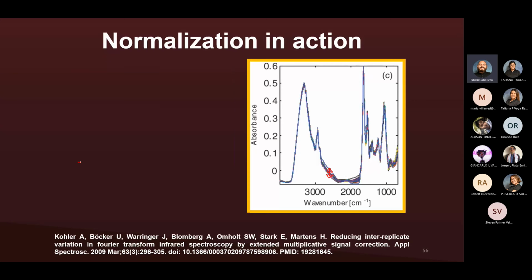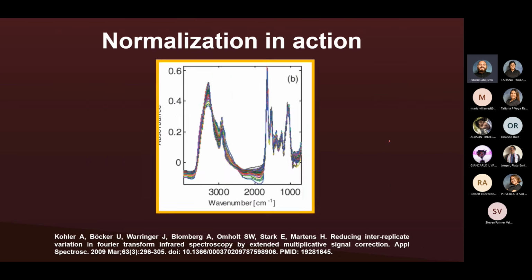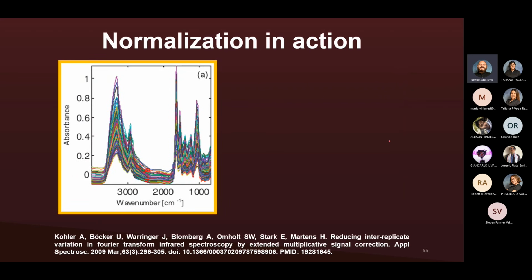It's not like with the derivatives where you have something like this for the first derivative, or something like this for the second derivative. You still maintain the shape of the original. Okay, so normalization is normally the best data pre-processing to use.